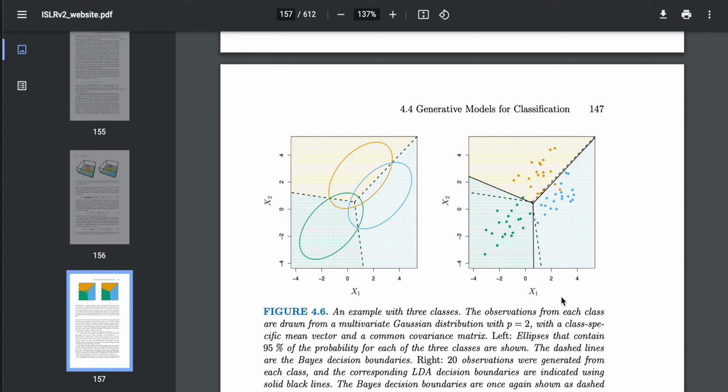Now if you have three classes, then you have these three Gaussian distributions. You see the orientations of the distributions is the same, so this is a sign that the covariances are the same.